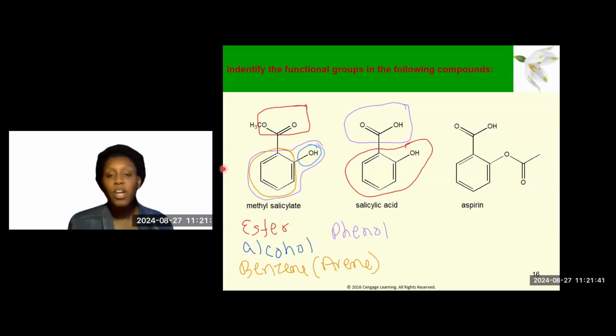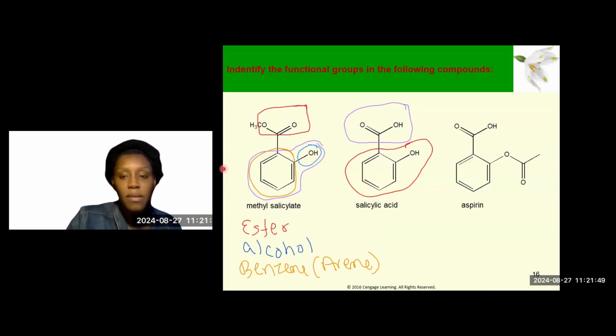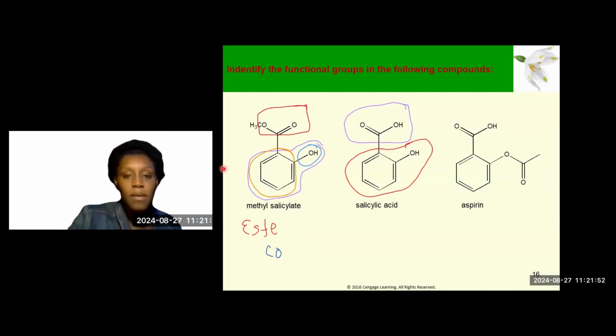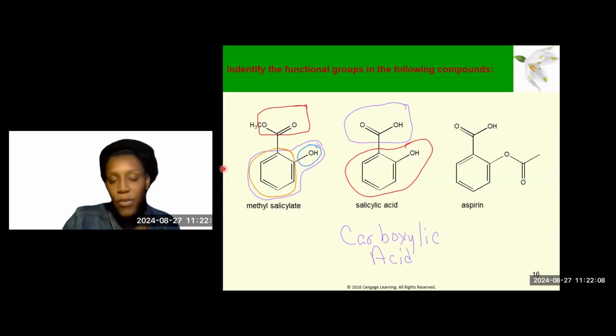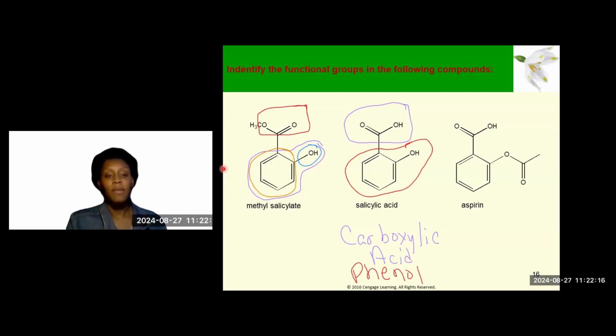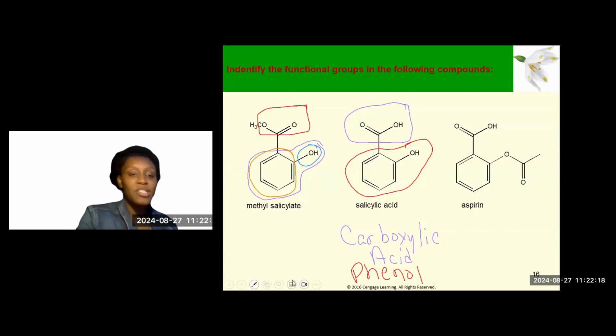The functional group in the purple is what we call a carboxylic acid. And if you remember, what I highlighted in red is referred to as a phenol. Excellent. See, not too bad.